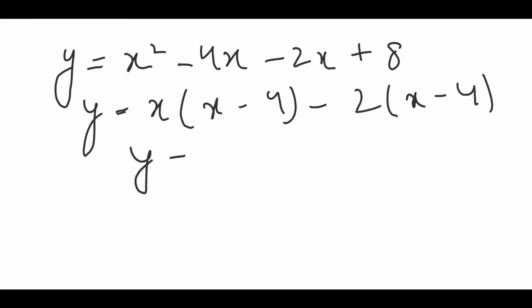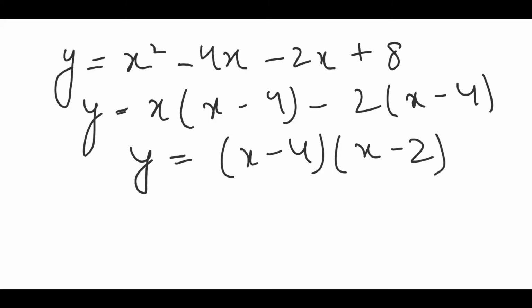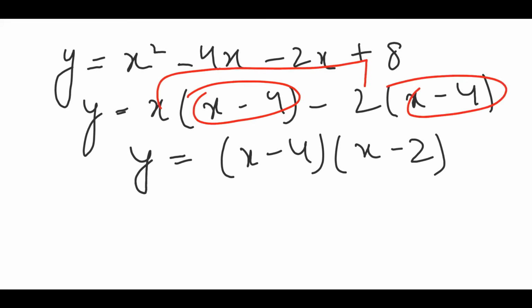We'll make two brackets out of it: x minus 4 and x minus 2. So what we get is x1 as 4 and x2 as 2. So this was the first method of how we solve quadratic equations.